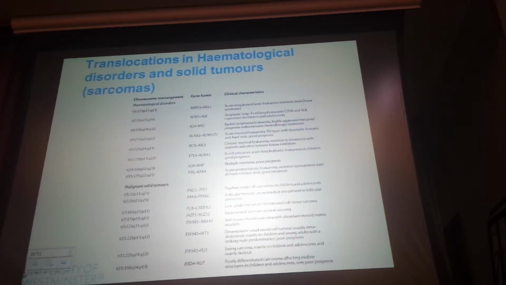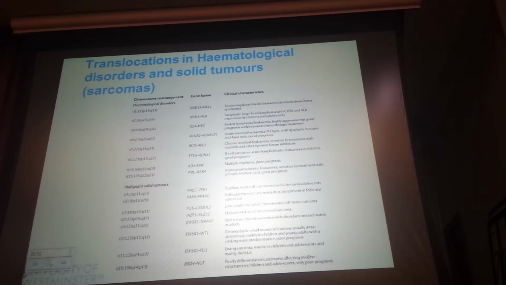That's a table. It's just for you as information. It's all of the different types of translocation. And usually translocations are found in hematological disorders or in solid tumors, but mostly sarcomas. So far we haven't really described most translocations in other types of solid tumors like lung cancer or breast cancer.